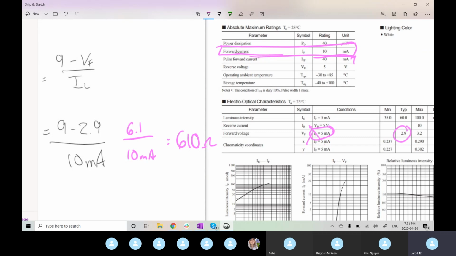So it's only able to withstand this 40 milliamp for a 10% duty. So for 1 millisecond, it can withstand this 40 milliamp. But if it were to sustain that 40 milliamps, it would just burn out the LED pretty quickly. So that's why we don't use the pulse current. What does that duty 10% mean?